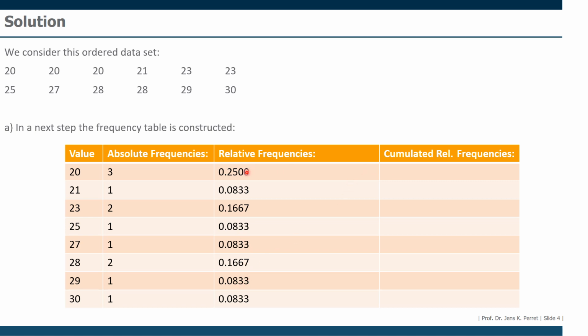So I'm going to start with the 25%, I'm going to add the 8.33%, giving me first the 25%, then 25 plus 8.33, the 33.33%, going to add this part here, giving me 50%, going to add that one, and so forth, so that it is always increasing in this context, stopping at 1 or 100%. Well, that's the full frequency table we're going to need here. So that's already part A.